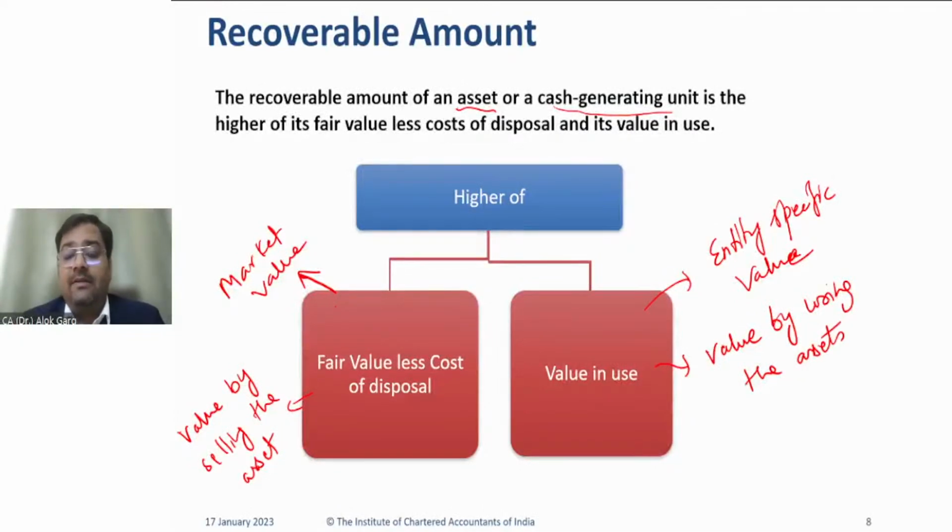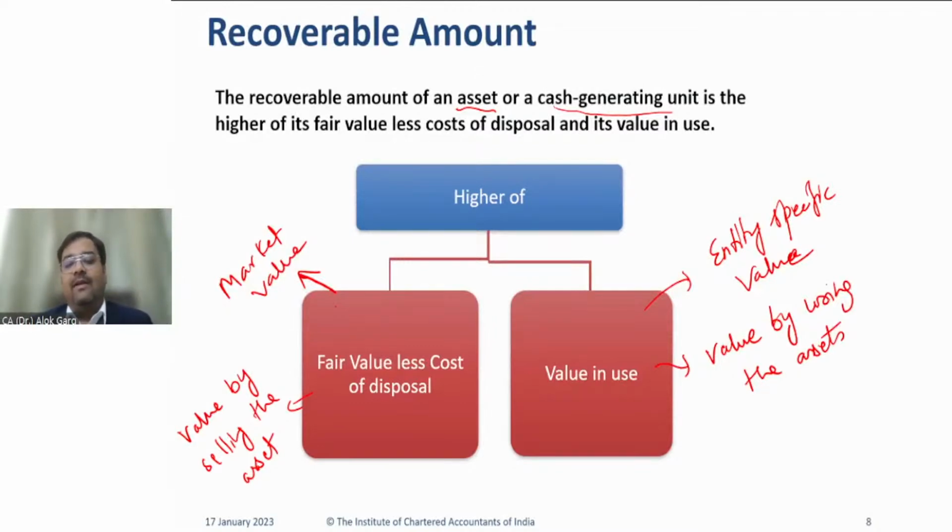Sir, what does it mean? For example, let's say you have purchased a car, okay? And you are using that car for transportation purposes, right? Commercial purposes. So now you have to compute the recoverable amount.